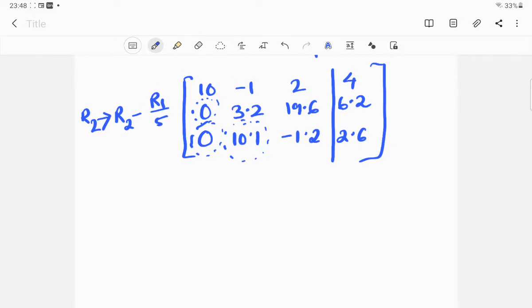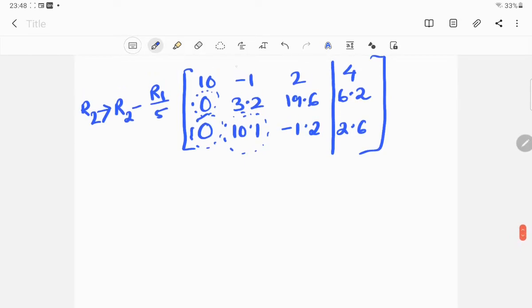So what is the next pivotal state? Now look at this column, column 2. Now search in this column: minus 1, minus 1, 3.2 and 10.1.